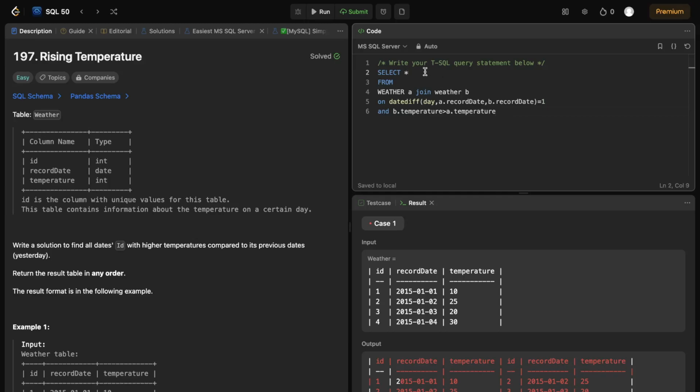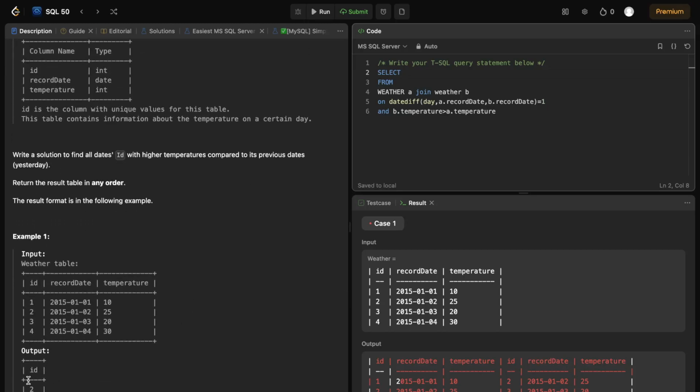So B.temperature should be greater than A.temperature. And in the select statement we need to output the IDs only. Hence we need to mention B.id, because I require the second day's ID, since the second day's temperature is greater, and those IDs we need to output.